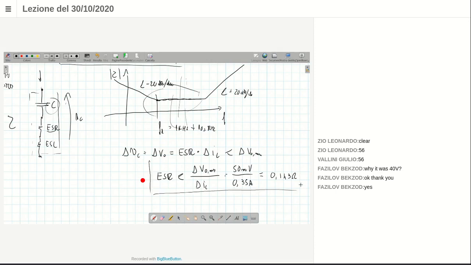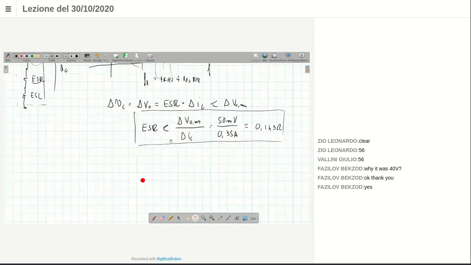So our specification for the capacitor is not on the capacitance, but is on the ESR. We can check directly on the data sheets for a capacitor with a sufficiently low ESR, but we can also consider the relation between the capacitance and the ESR, which is dictated for electrolytic capacitors by the frequency of this zero.